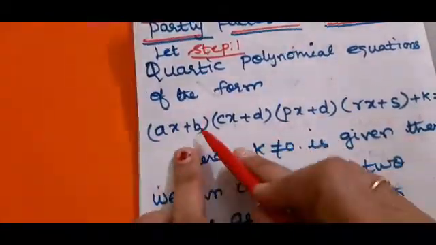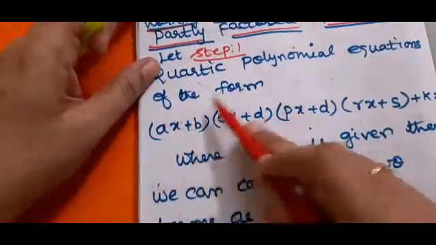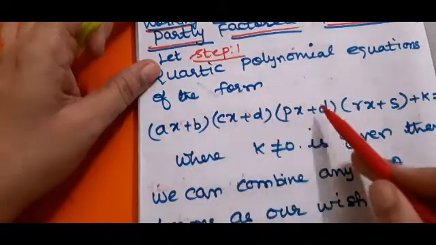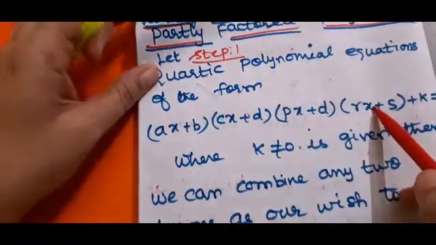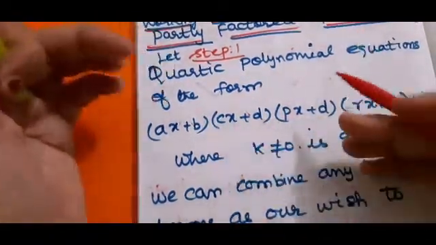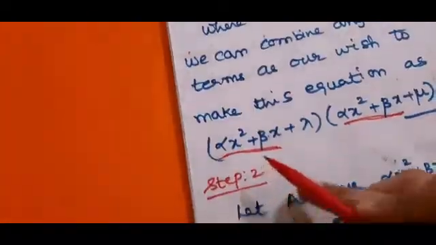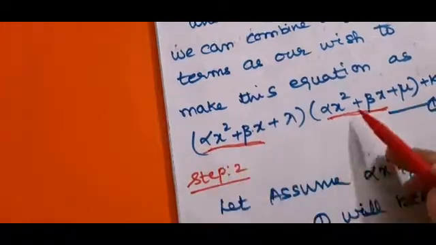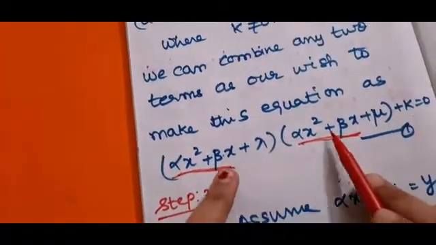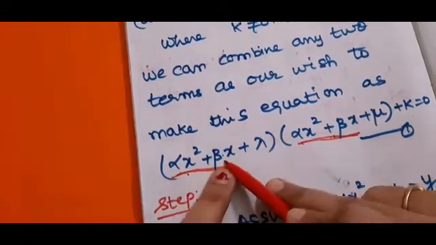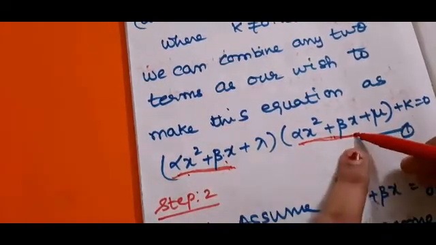Like that, we have to combine the linear polynomials. We can combine 1 and 2, 1 and 3, or 1 and 4. When I combine 2 linear polynomials, I should get the first 2 terms of the quadratic polynomials equal. That is, the x² term and the x term should be equal.